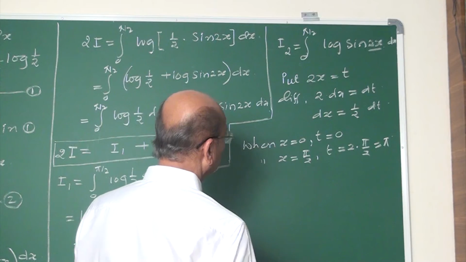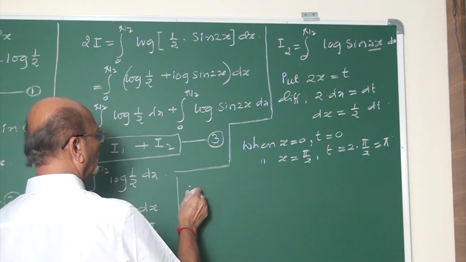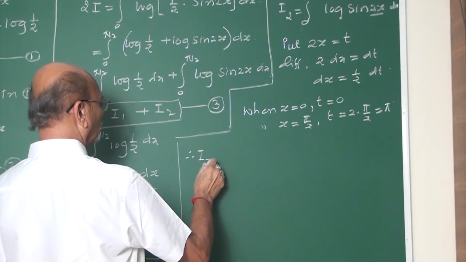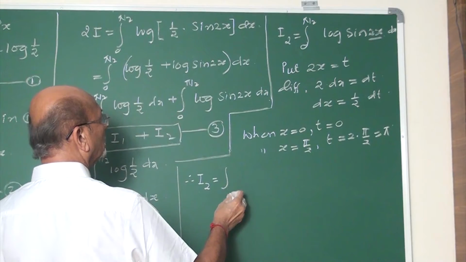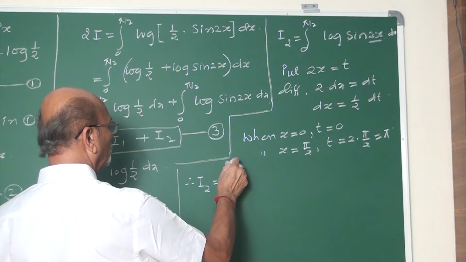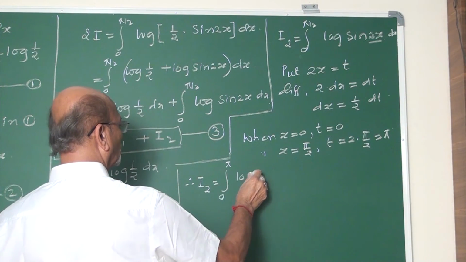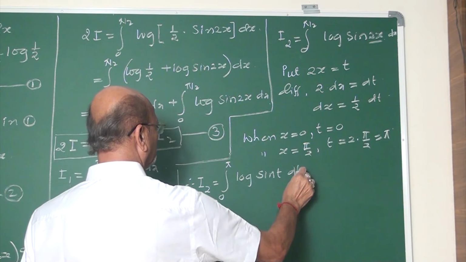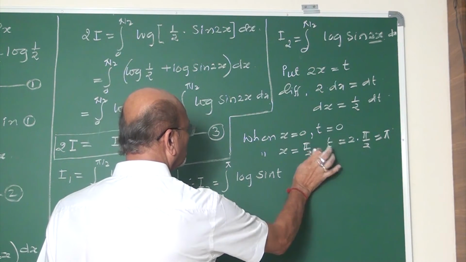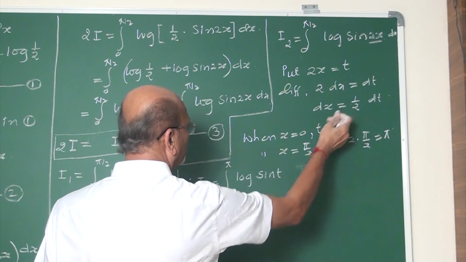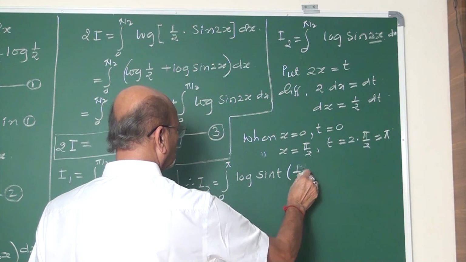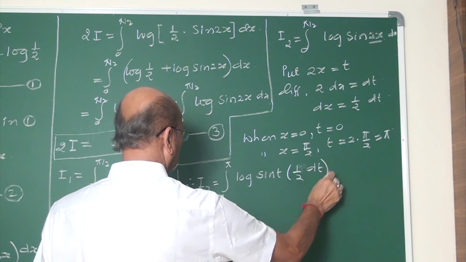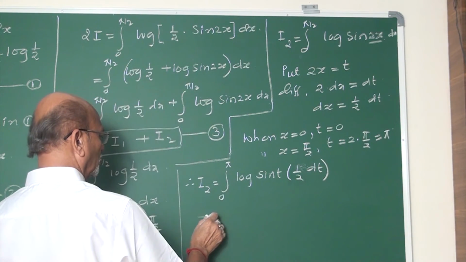Substituting in I2, therefore I2 equal to integral 0 to pi, log sin t, dt. That dt is 1 by 2 into dt. This 1 by 2 comes out.